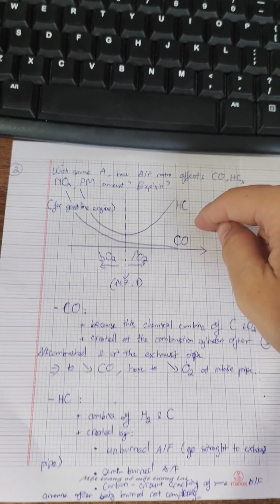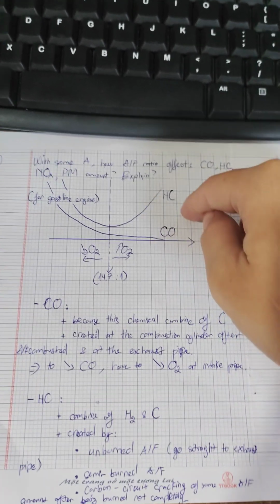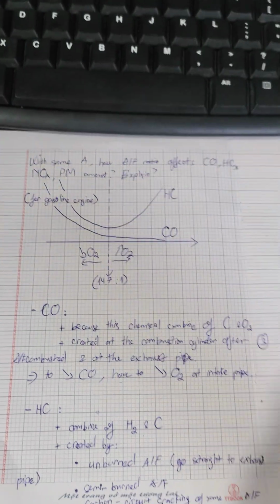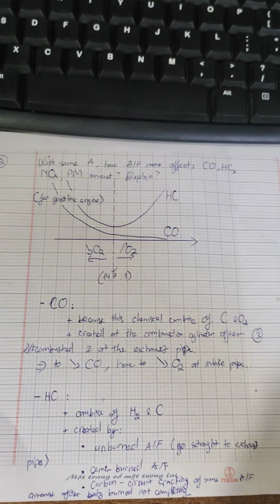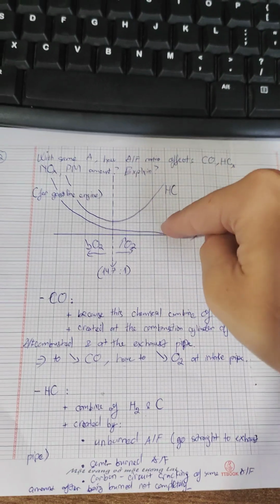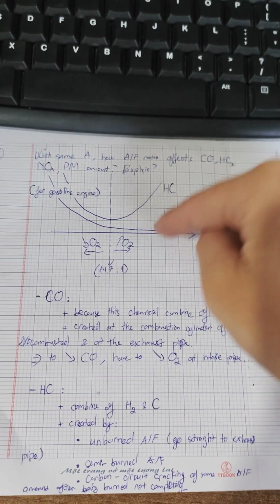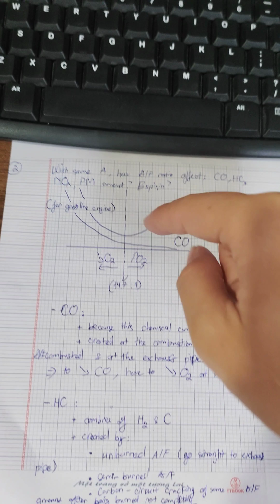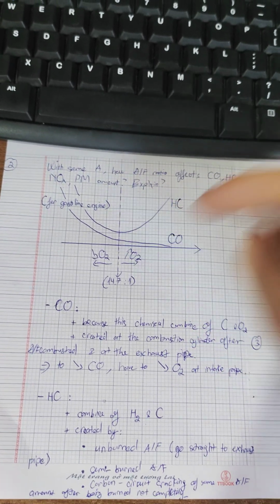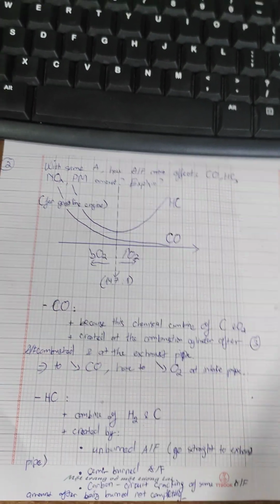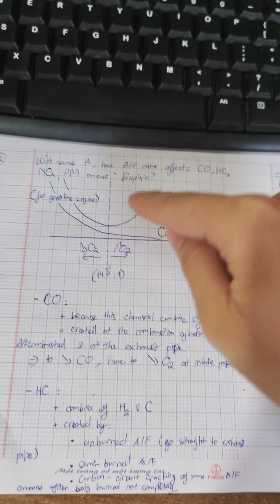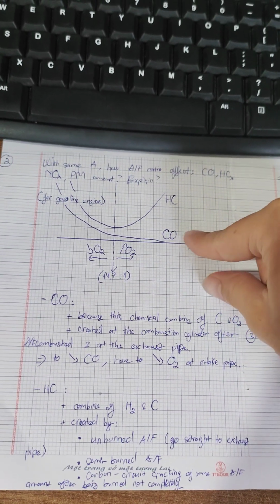Why don't we have one for a diesel engine? Because the air-fuel ratio range of a diesel engine is wide, so we have to use another method for it.